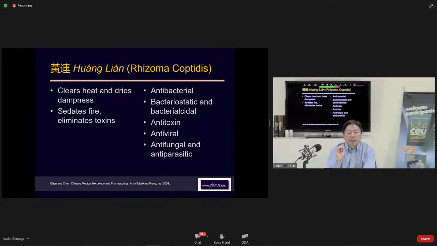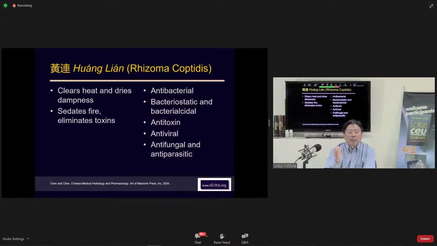That means there are compounds in this herb that can block the multiplication and growth of the bacteria. So it may not kill the bacteria right away, but it'll stop it from growing, and eventually it will die. So it's effective, but may not be as quickly effective as the bactericidal.